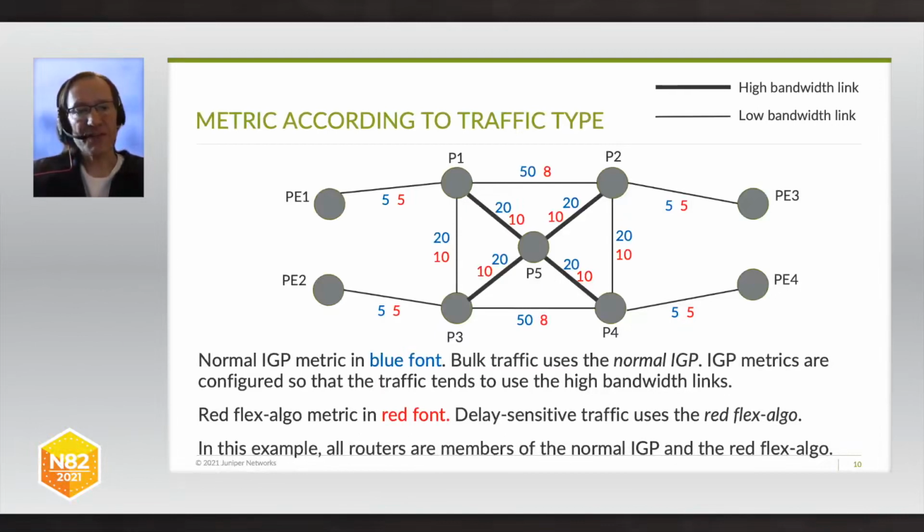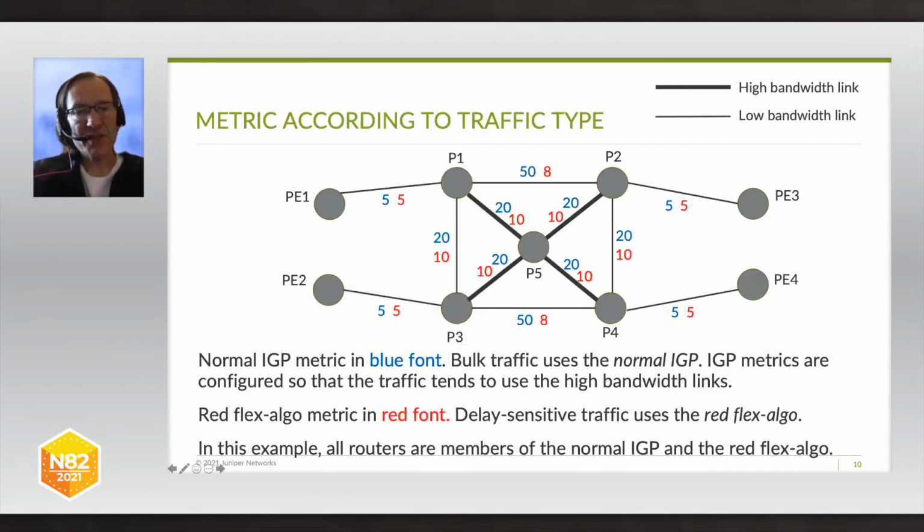And what's happening is that the bulk internet traffic, which we want to make use of the high bandwidth links, is mapped onto the default IGP topology, and that is actually subjected to the metrics shown in the blue colored font.